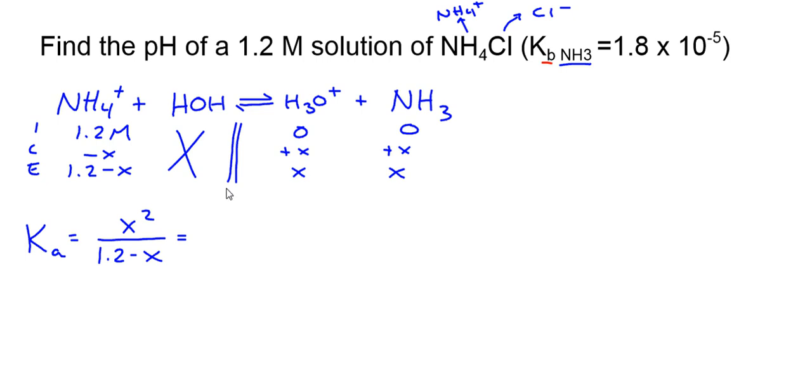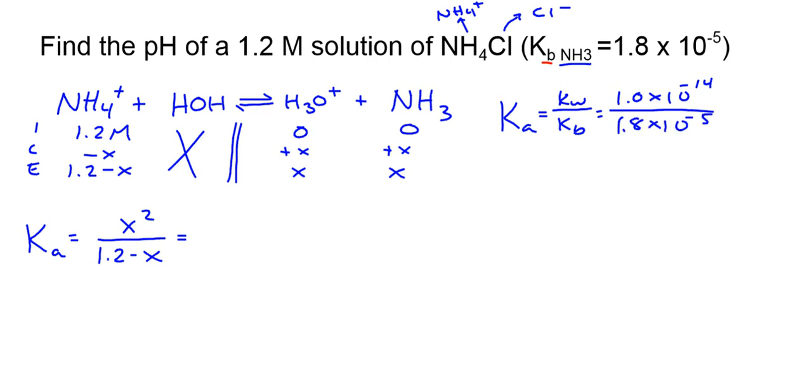So we need to figure that out. So reminder again, Ka is going to equal my Kw over my Kb. So I get 5.56 times 10 to the negative 10th, which is my Ka.